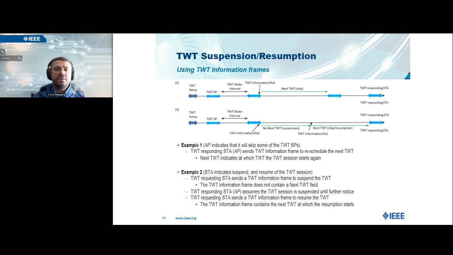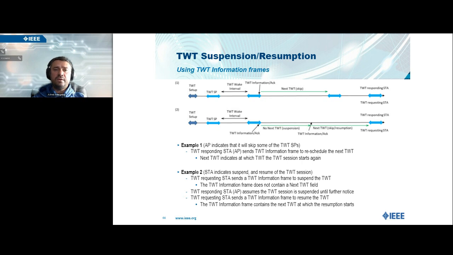You set up a TWT schedule, and then instead of terminating the TWT schedule with the risk of not having that schedule anymore with the access point, you want to suspend the schedule. So to achieve the suspension, you send a TWT information frame telling the access point that, okay, I'm going to suspend the schedule. And you can either tell the access point for how long you're suspending the schedule, or you can simply say until further notice.